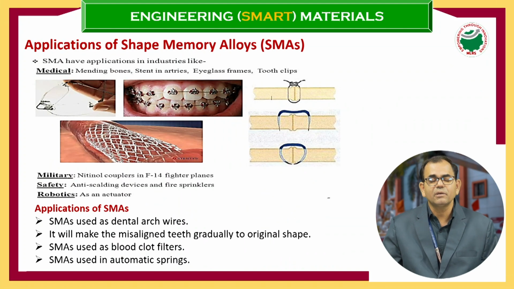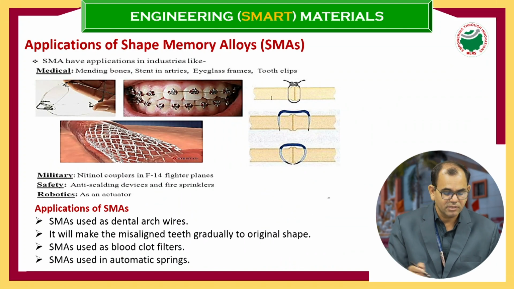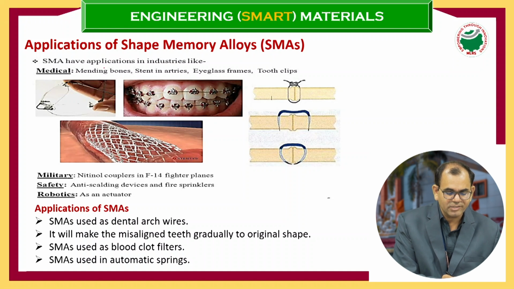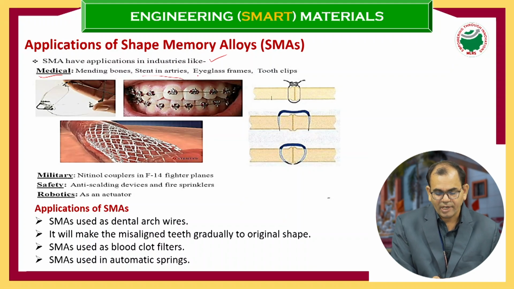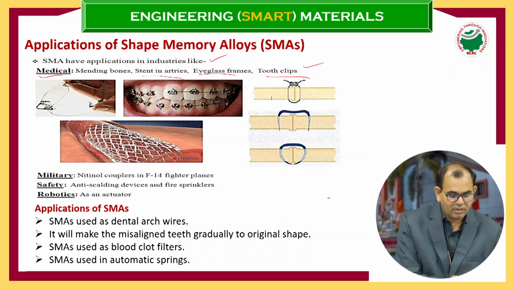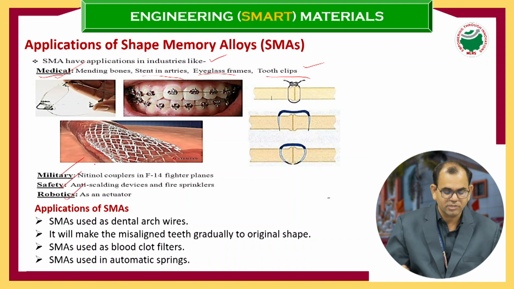Now, applications of shape memory alloys. Shape memory alloys have applications in industries like the medical field: mending bones, stents in arteries, eyeglass frames, tooth clips, etc. Not only medical applications, but also military applications, safety applications, robotics.